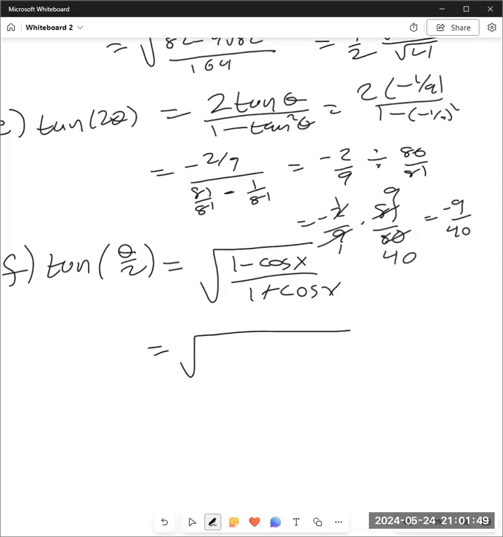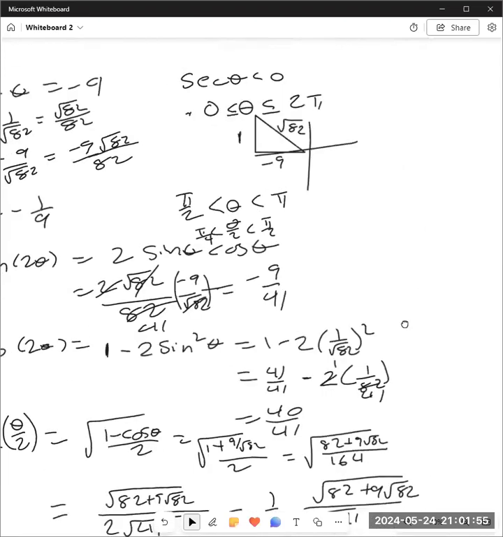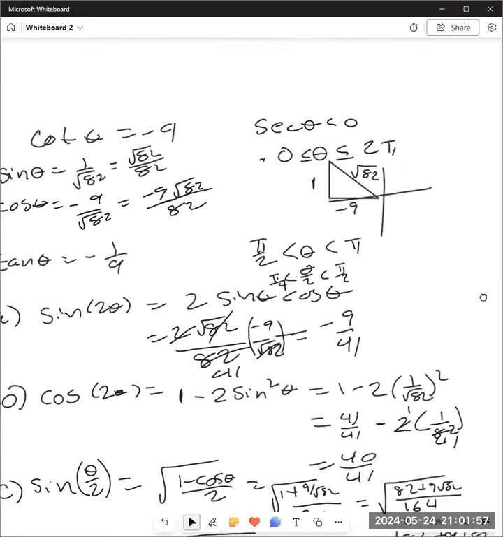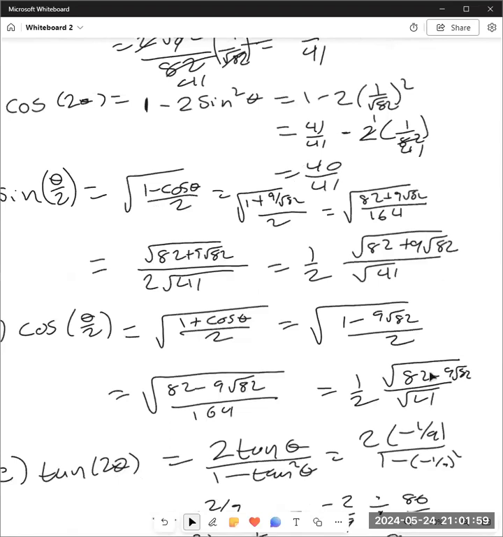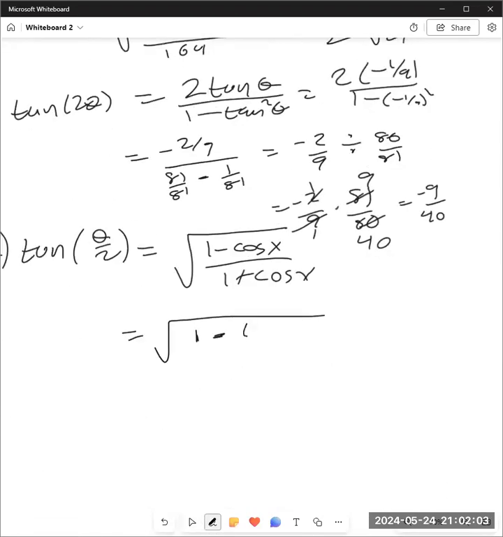So that's square root of 1 minus, and then the cosine value here was negative 9 over root 82, over 1 plus negative 9 over root 82.